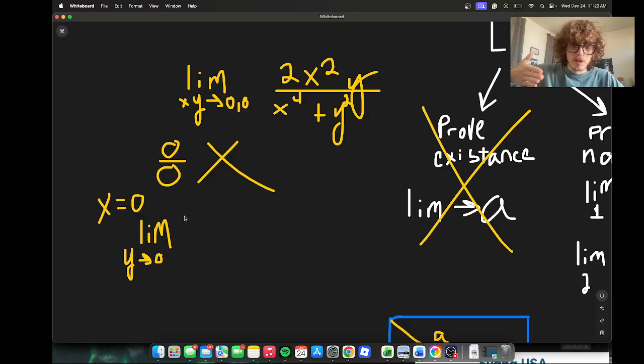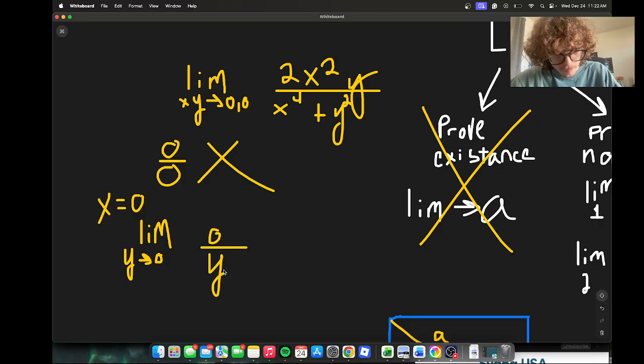We're just moving along that y line on the surface. So as y approaches 0, x would be 0, so we're going to have 2 times 0 times y, which is 0, over x to the 4th plus y squared. X is 0, we just have y squared on the bottom.